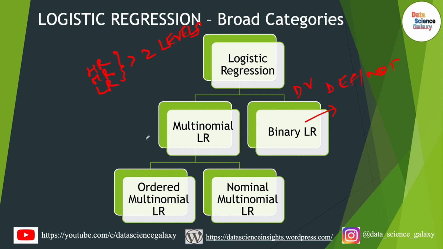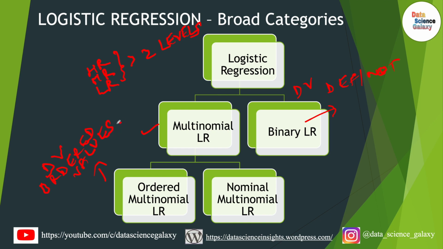Going forward, if you notice, I've not written anything under binary because I've said enough. Under multinomial logistic regression, I could further split it into 2 subcategories. One is called ordered multinomial logistic regression, where again it has to do with the dependent variable, but the dependent variable will have ordered values. This is an important distinction.